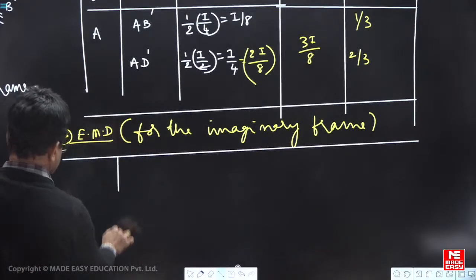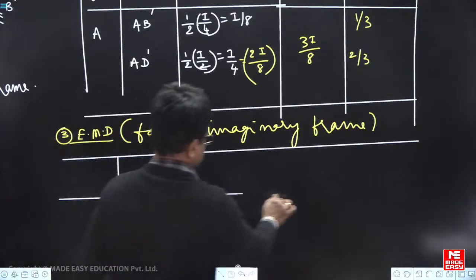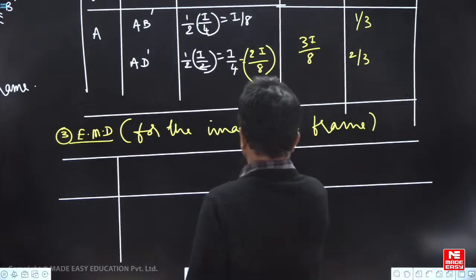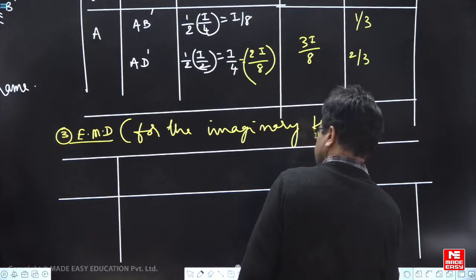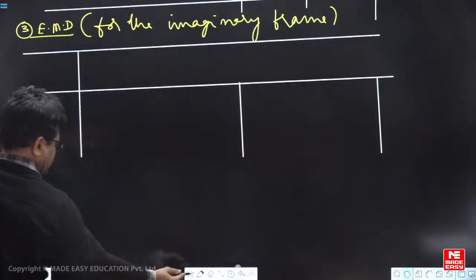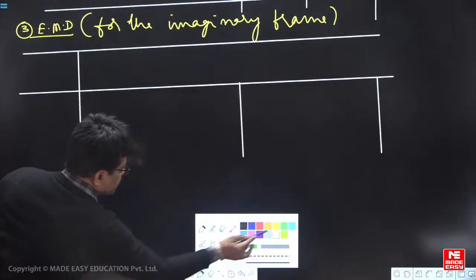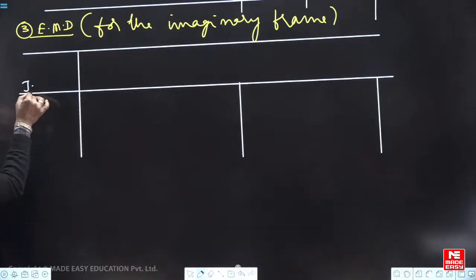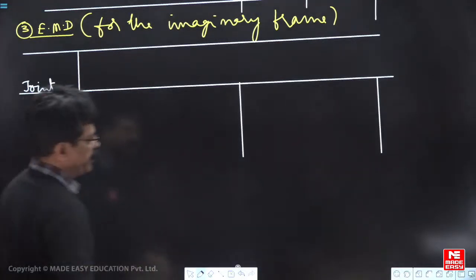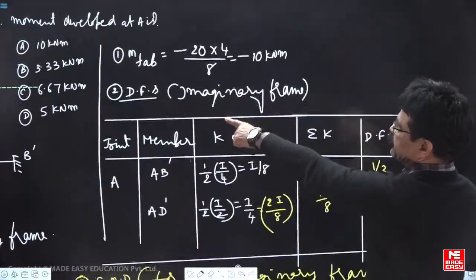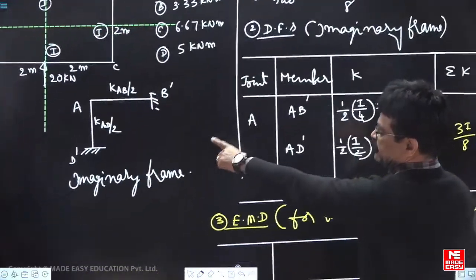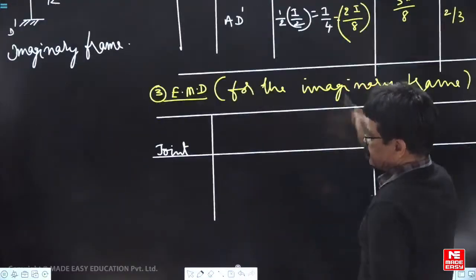See here, only the imaginary frame we have to do this one. Joint. What are the things here in the imaginary frame?